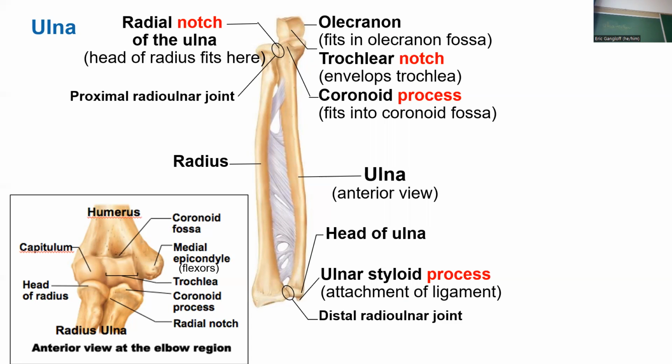These are all places where the ulna articulates with the bones of the humerus or the radius. And then down here, we have something called the styloid process, which I'll talk more about in a minute on the distal end. And that's this little bit of bone that sticks out there at your wrist. And that actually is prone to breakage as well.